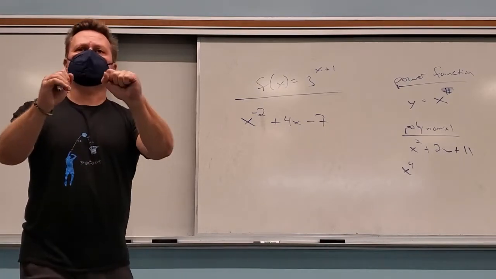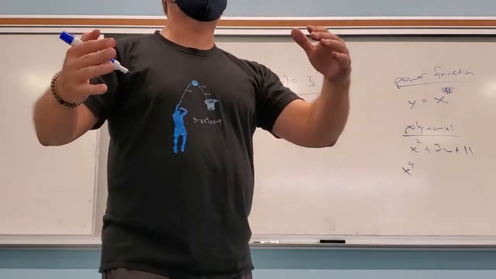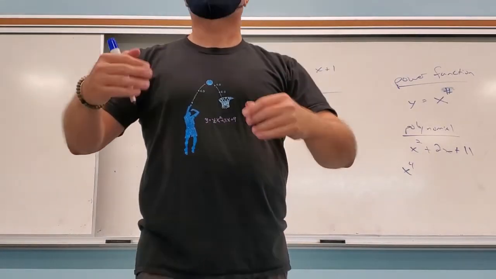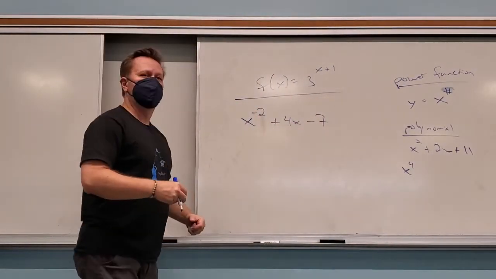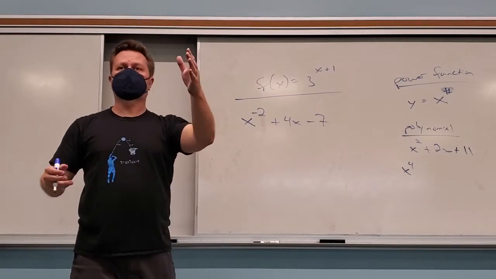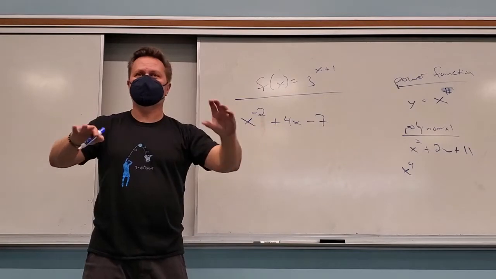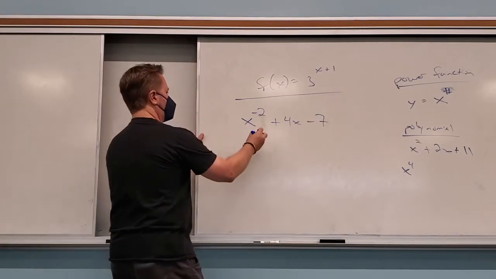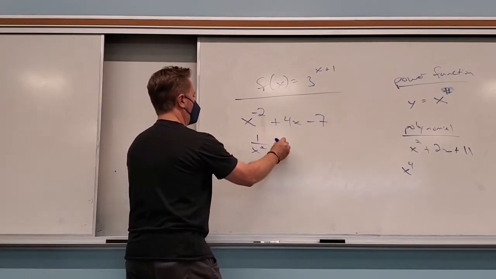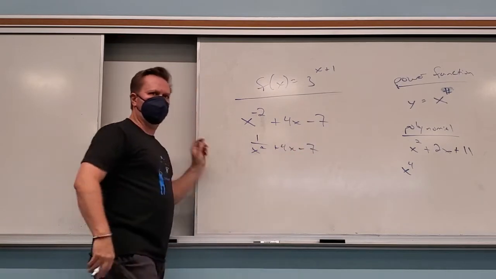Let's investigate why that's true. Anybody remember what a negative power does? What's a negative power do? Flip, right? 4-letter word starts with F. That's better to say in mixed company. So this would be 1 over x squared. Can I use any x value I want to in this?